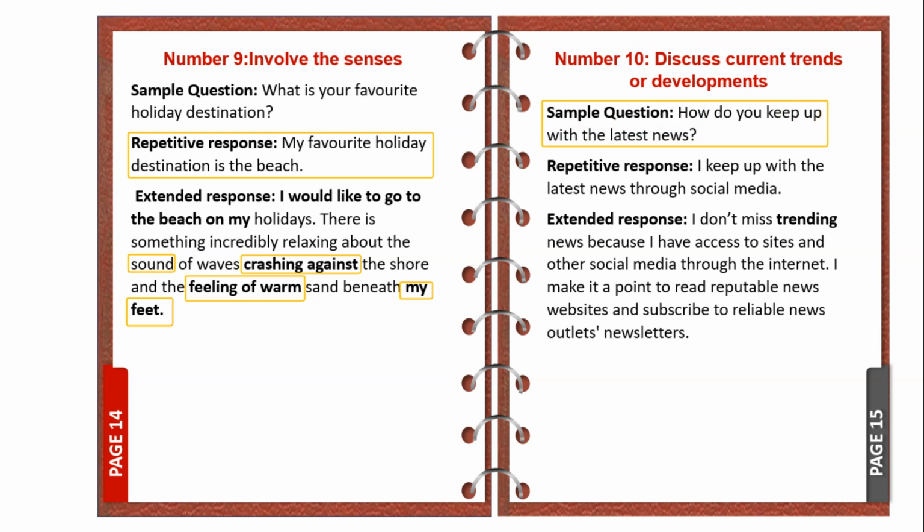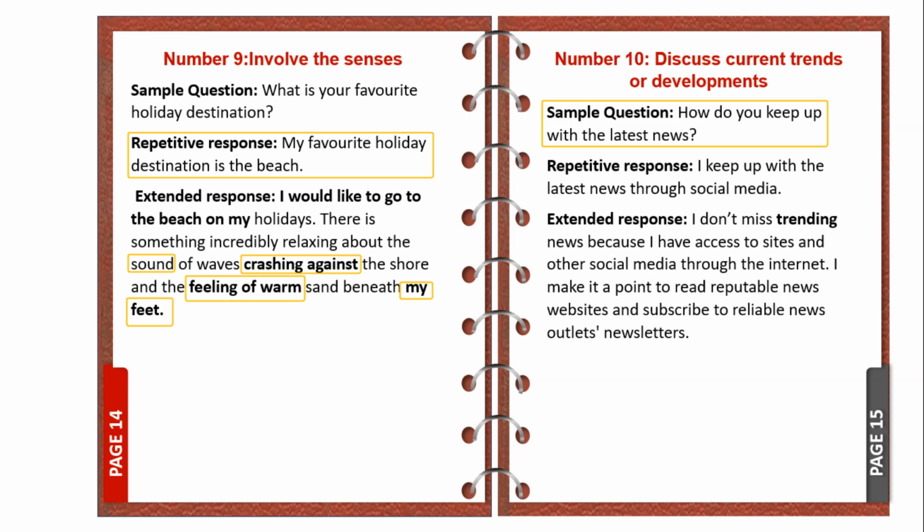So the repetitive response was like, I keep up with the latest news through social media. We've discussed it. All right. So you can go about doing the second thing. With the extended response, I stated that I don't miss trending news, because I have access to sites and other social media through the internet.